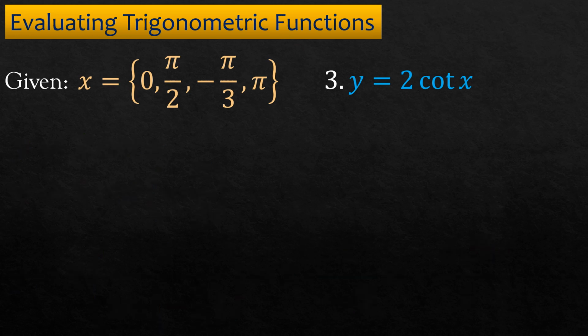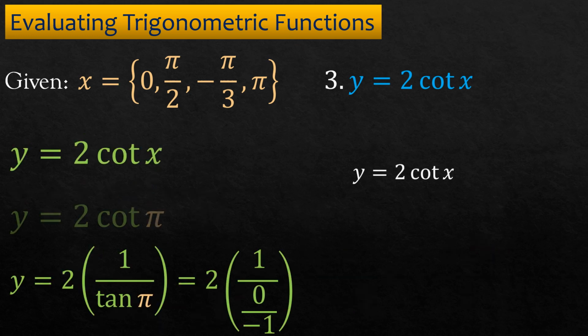So when x is equal to pi, we substitute pi. So we have 2 cotangent pi. And cotangent pi is equal to 1 over tangent pi. And tangent pi is the ratio of sine pi over cosine pi. Sine pi is 0 and cosine pi is negative 1.